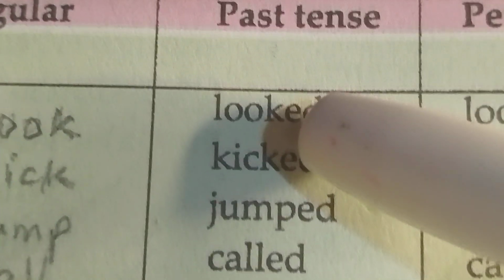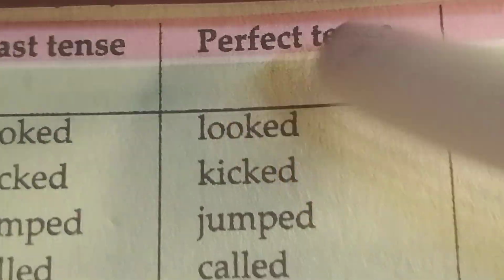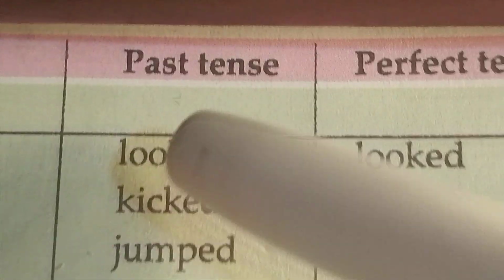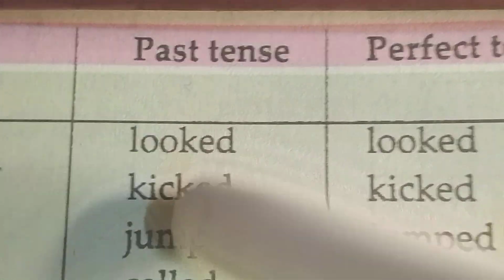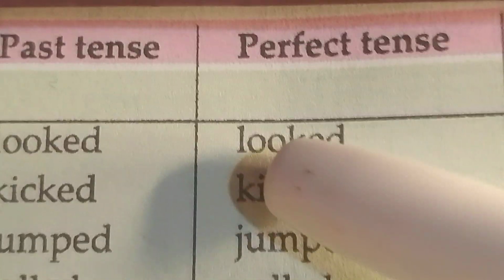Plural. Here you have looked. That's the past tense. Looked. Perfect tense. For instance, this is I have looked. I had looked. That is perfect. Had. Here will be had. All of them had.